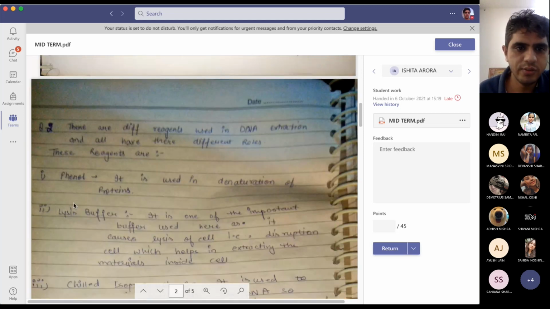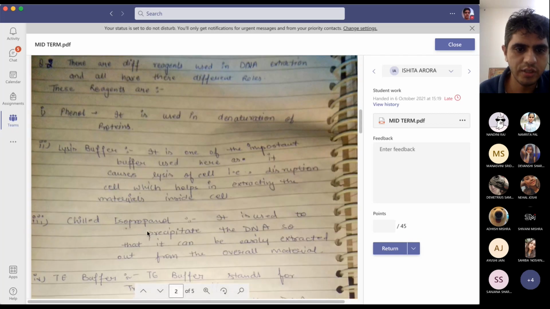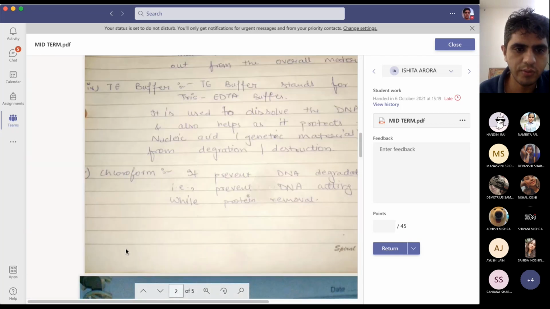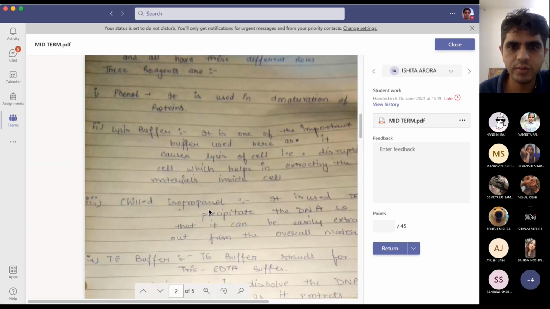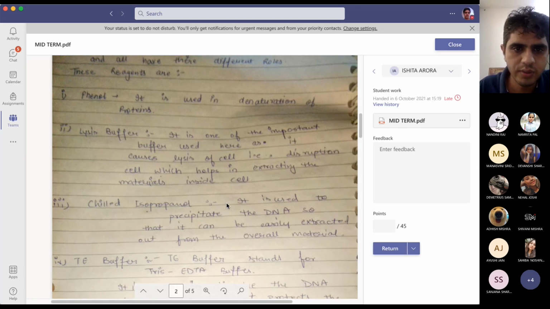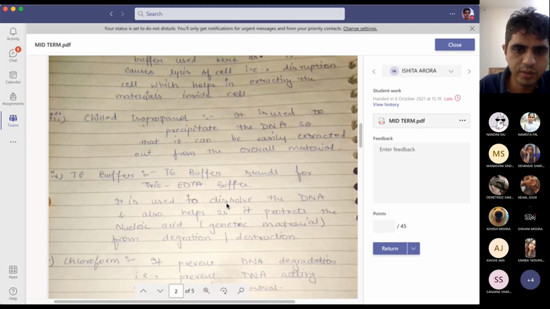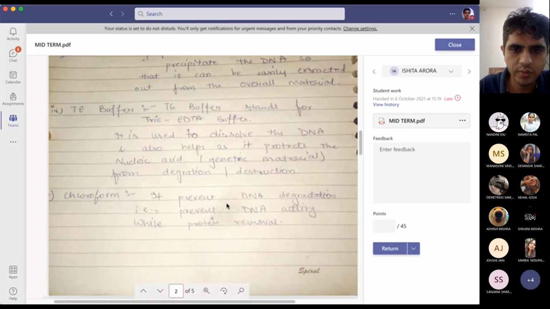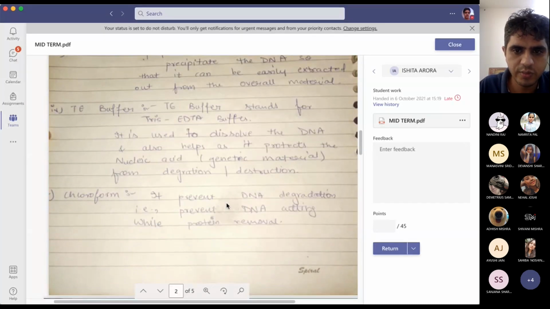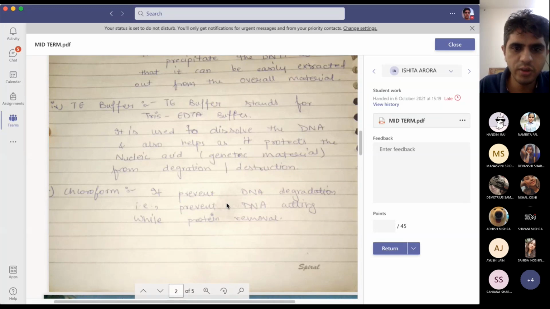There are different reagents used: phenol, lysis buffer, chilled isopropanol, TE buffer, chloroform. Okay, so what is their job? Membrane lysis, isopropanol precipitates, buffer maintains pH, and chloroform to prevent DNA degradation. Okay, so chloroform is wrong.